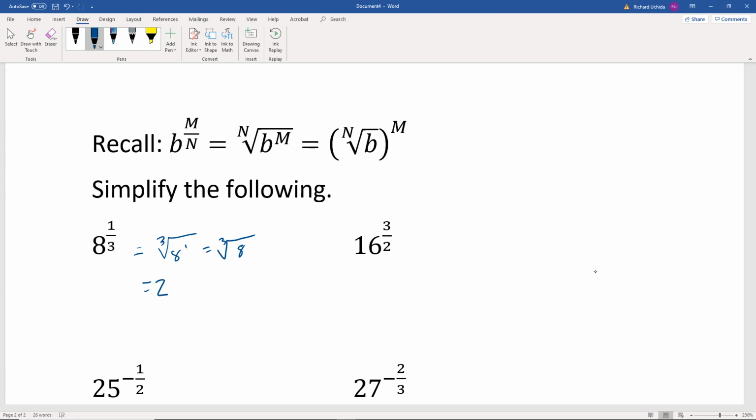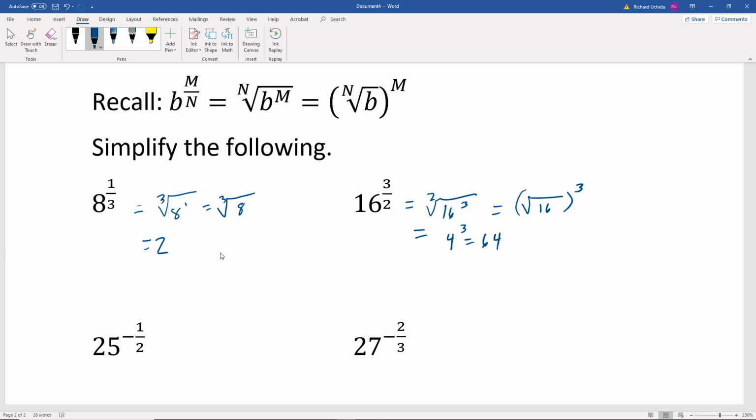So the cube root of 8 is 2, so that's 8 to the 1/3. 16 to the 3/2: two ways you could think about it are the square root of 16 cubed, or it might be easier to think of it as the square root of 16 and then cubing that. Well, the square root of 16 is 4, so 4 cubed is 64.